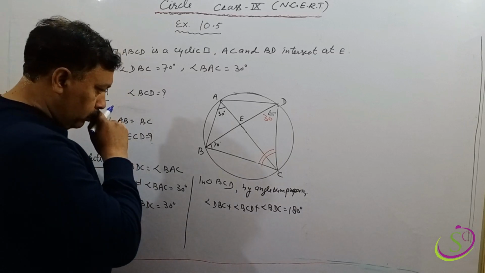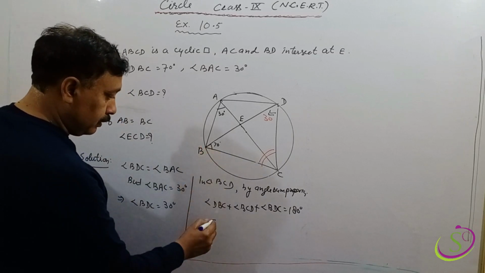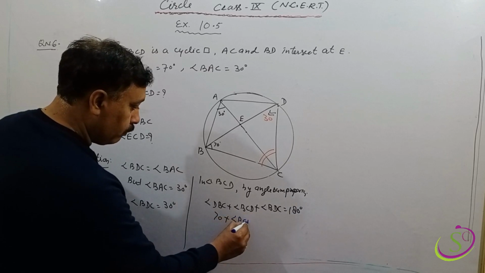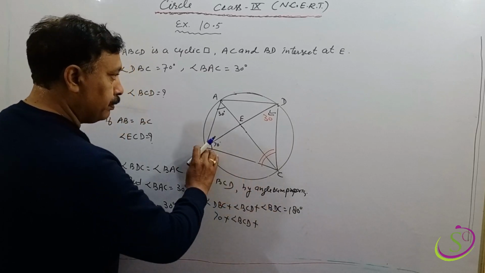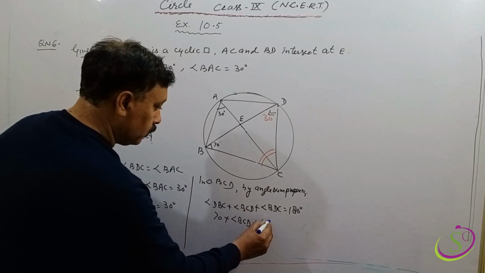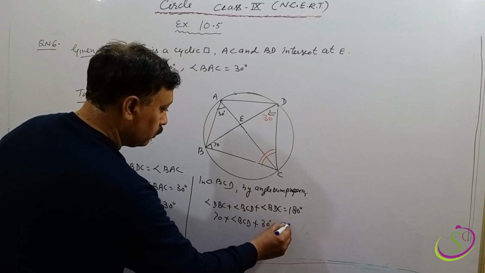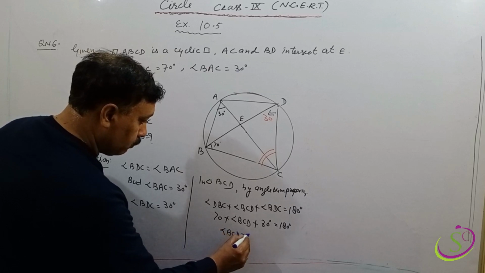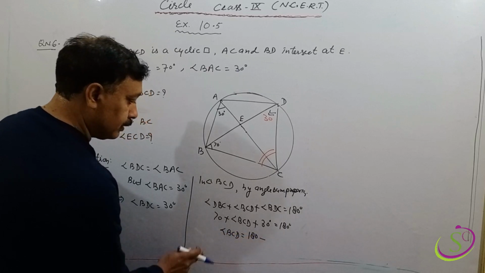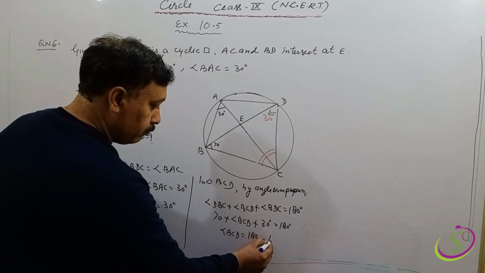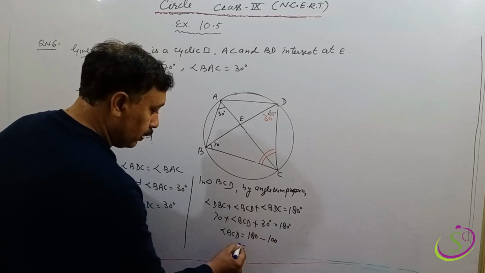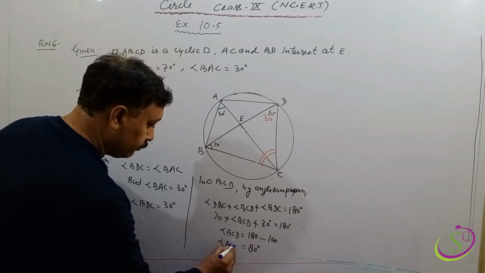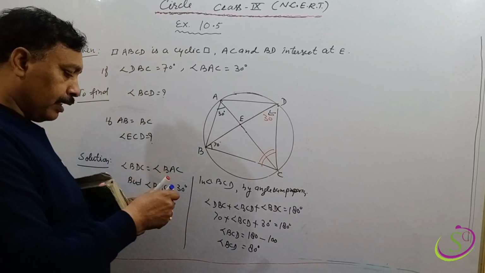Clear? DBC is 70 degree, BCD we will find, and plus angle BDC is 30 degree, equal to 180 degree. So angle BCD will equal 180 minus 70 minus 30, becomes 80 degree. So angle BCD is 80 degree. Clear?